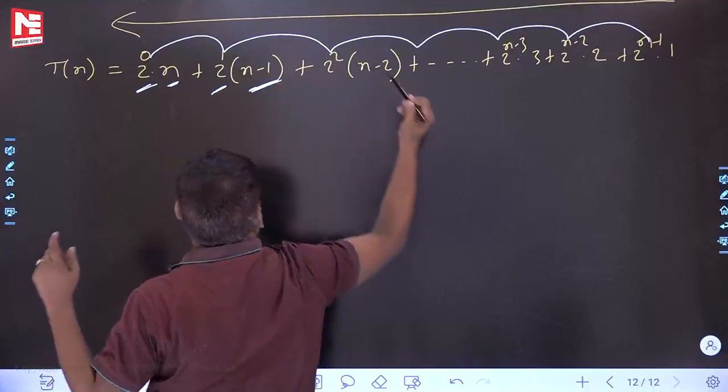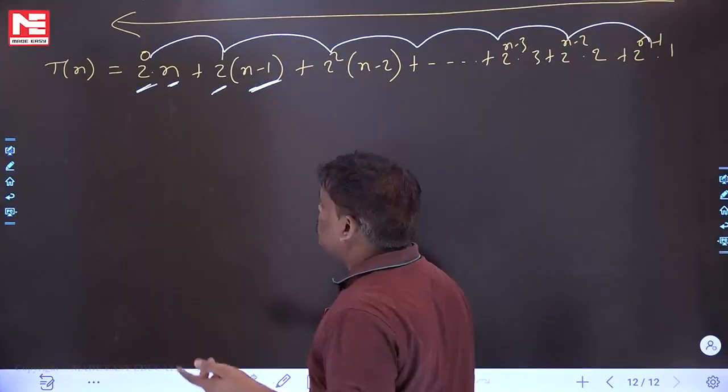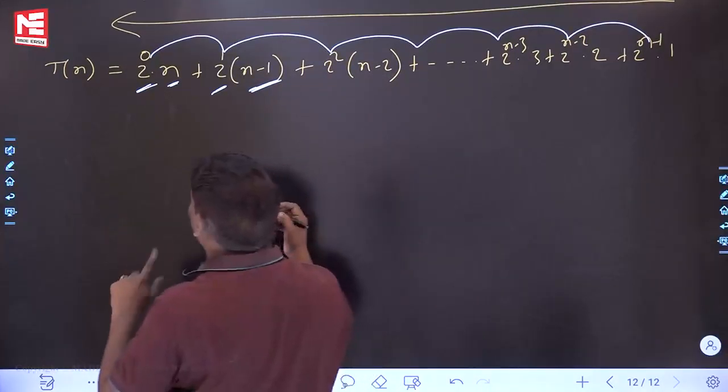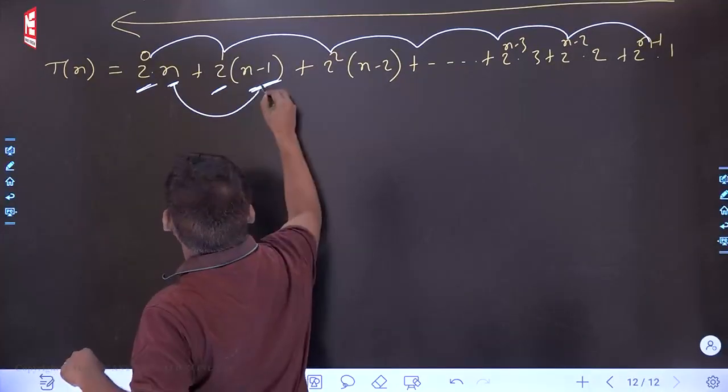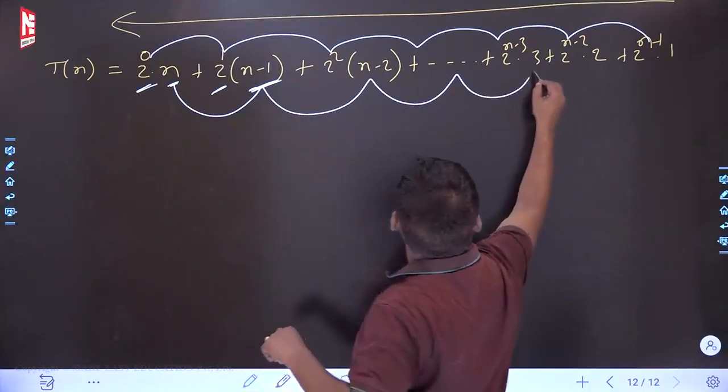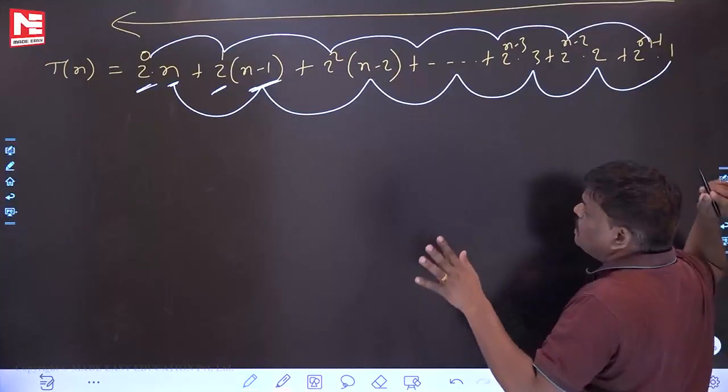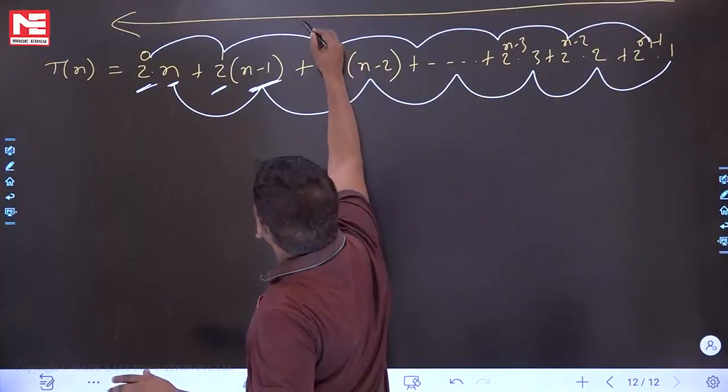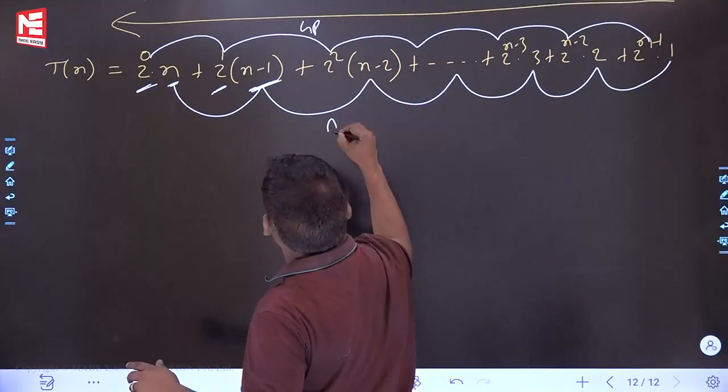See only the first part. If you see only the first part, it is a GP series. Next one. In every term, see only the second part. It is an AP series. So the first part is a GP series, and the second one is going to be an AP series.